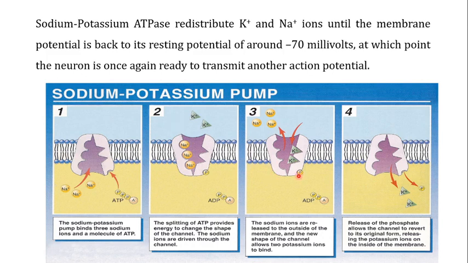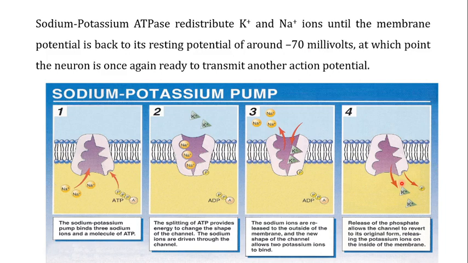Once the sodium ions are released outside, the new shape of the channel binds 2 potassium ions from outside the neuron, and these potassium ions are taken back into the neuron, thereby re-achieving the resting membrane potential of minus 70 millivolt, and the phosphate group is released into the interior of the cell.